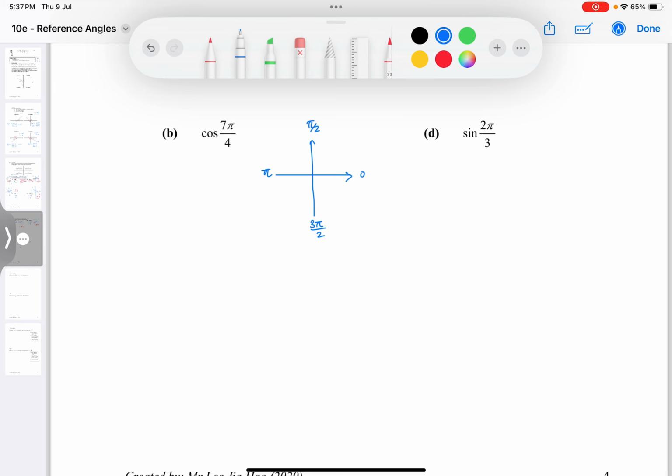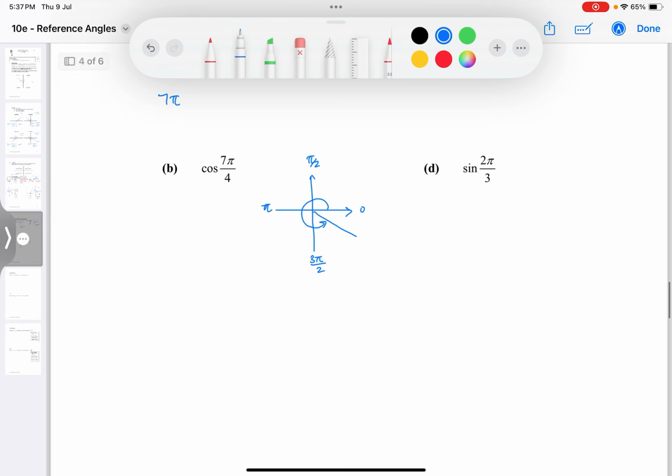7 over 4 is actually 1.75. 1.75 is greater than 1.5, which means that this angle lies in the fourth quadrant. If you are not comfortable with this, you can convert to degrees. 7 pi over 4 times 180 degrees is 315.